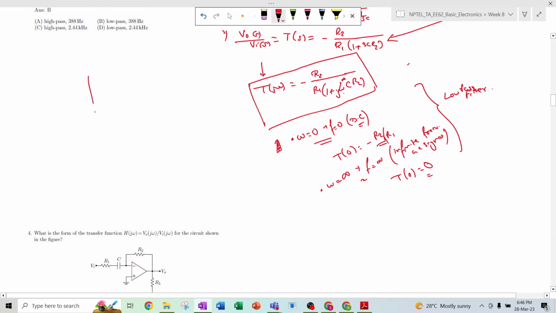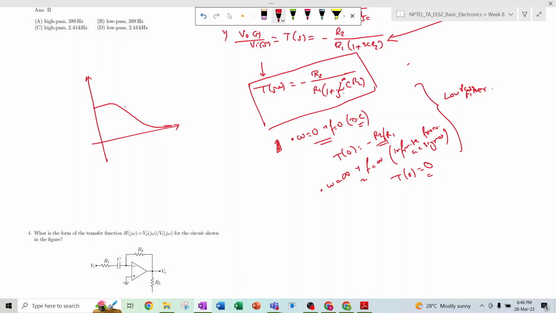How can you draw this low pass filter? It will behave like this: for a certain low range of frequency it will conduct, and after that, at high frequency, it will not conduct. Suppose this is A, the magnitude, so this is mod of T of j omega, and this is the omega axis.